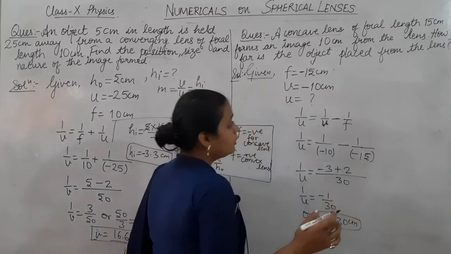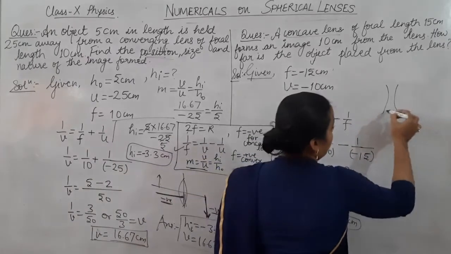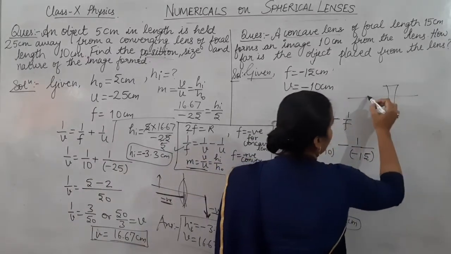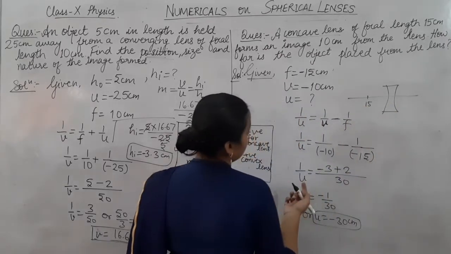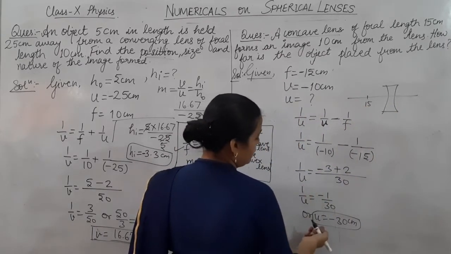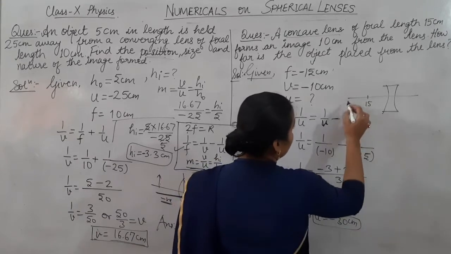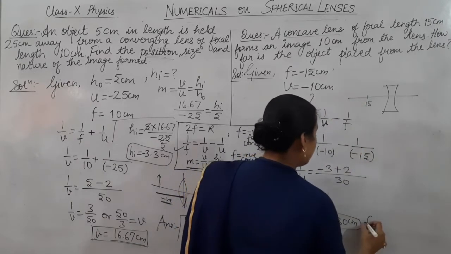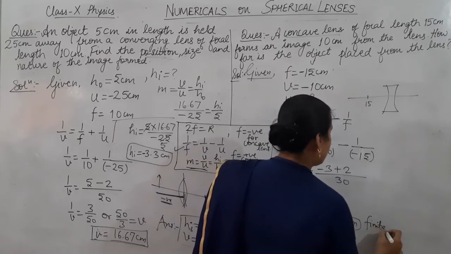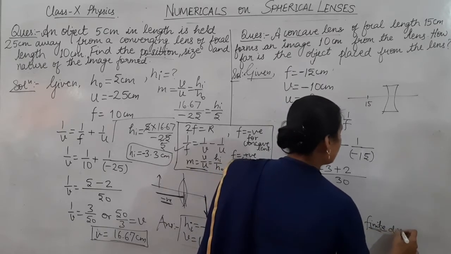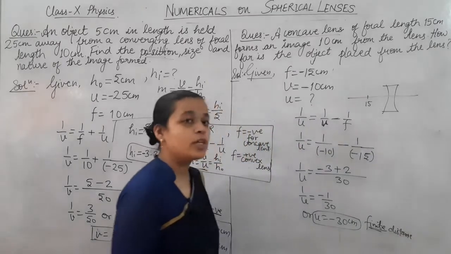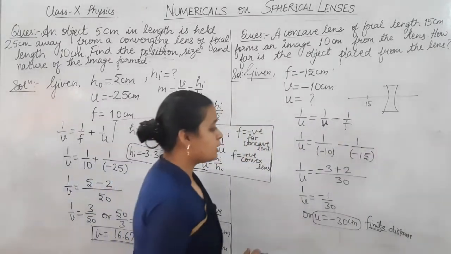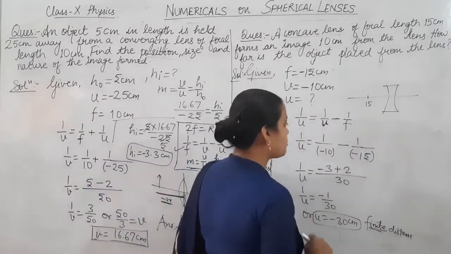I have told you that in case of a concave lens, if this is the focus, given 15, and the object distance was not given, the object distance you have found out is 30 centimeter, means it is at some finite distance. Whenever for a concave lens the object is placed at finite distance, the image is going to be formed on the same side.